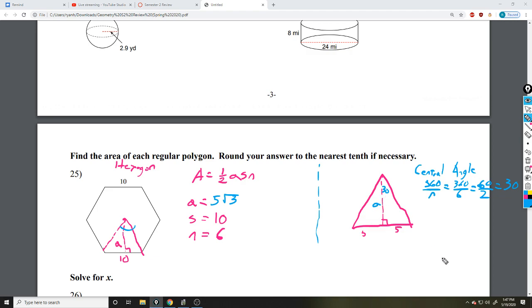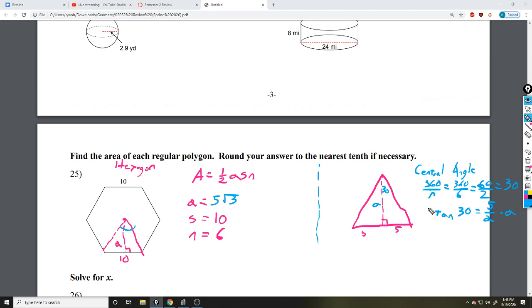If you don't know that, then you can always use your trig. So we're going to use tangent, since we know opposite and don't know adjacent. Tangent of 30 equals our opposite, which is 5, over our adjacent, which we don't know yet.